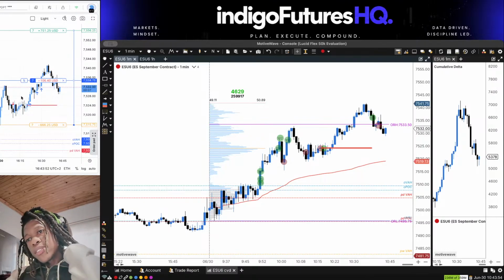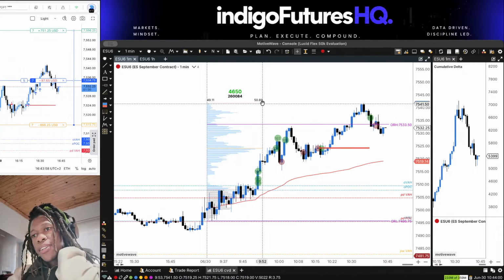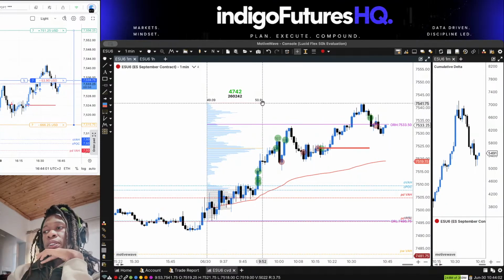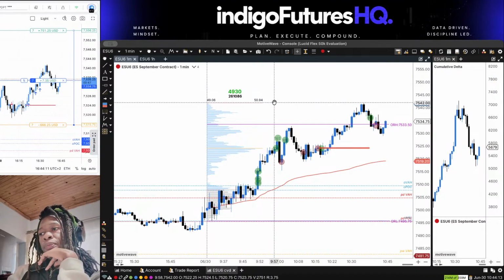We still kind of do have bias, but not as strongly as we had earlier. We were in the 51%, as far as the bid ask percentage is concerned, but 50.94 now, back at initial balance. It does need to break right now.